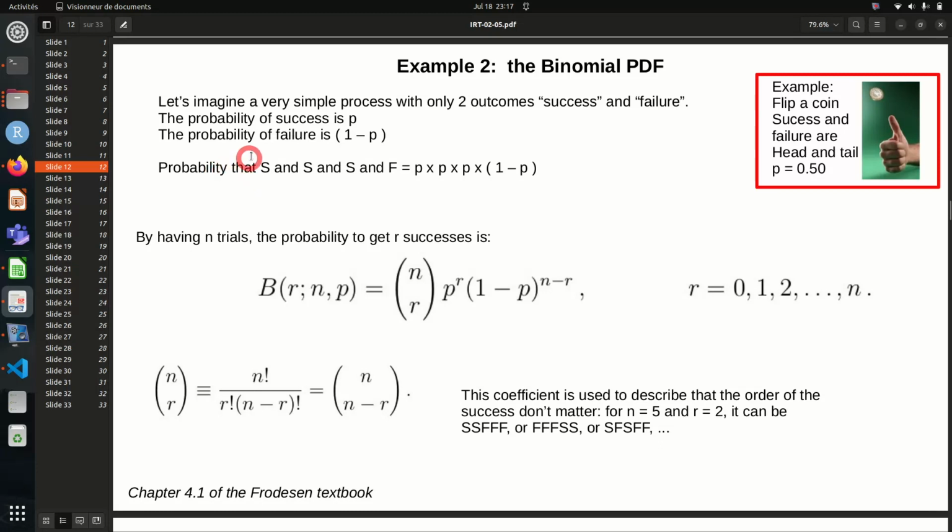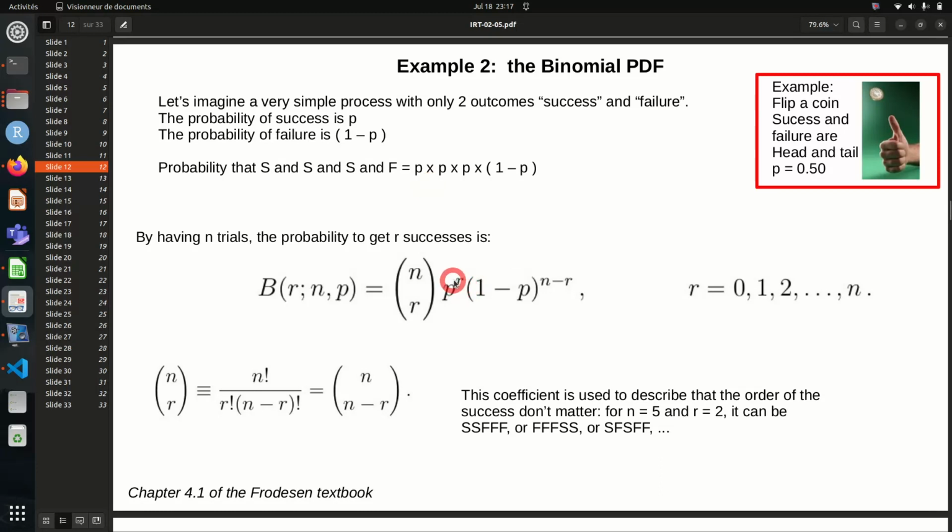The probability to have a success, and a success, and a success, and a failure, mathematically is going to be the product of the probability for a success times the probability for a success 3 times the probability for a failure. And you can see that R being the number of success, you can see here exactly what I have written here.